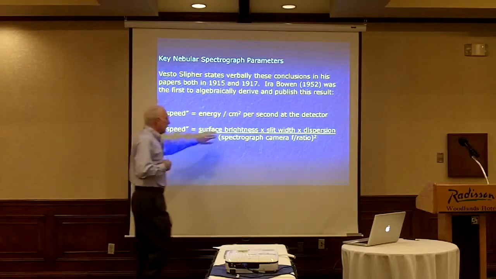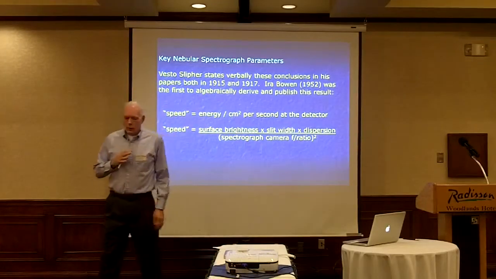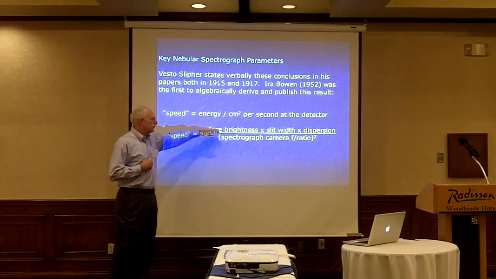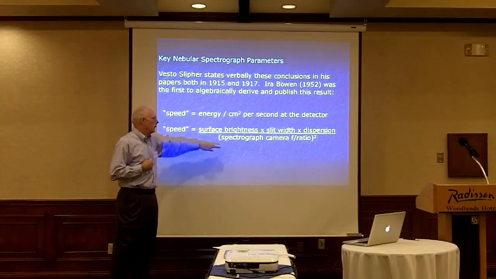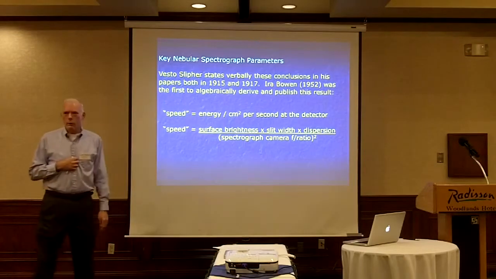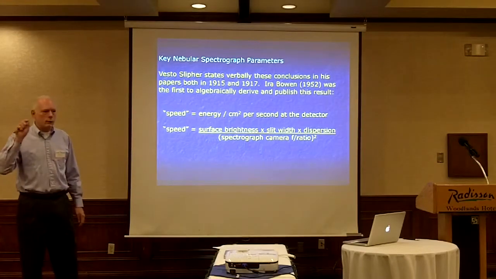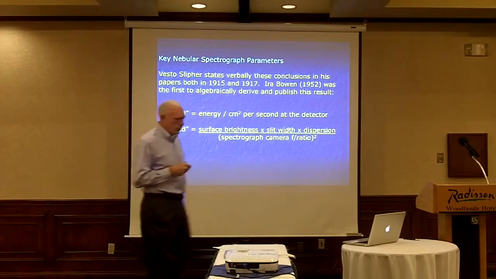And then you take the slit width times the dispersion. That's essentially to take out of this surface brightness, which is given per unit wavelength, the wavelength portion of it. And then you divide by the spectrograph camera focal length squared. And then that's how you get the speed. That's how you get the energy concentration at the plate high enough to make this.